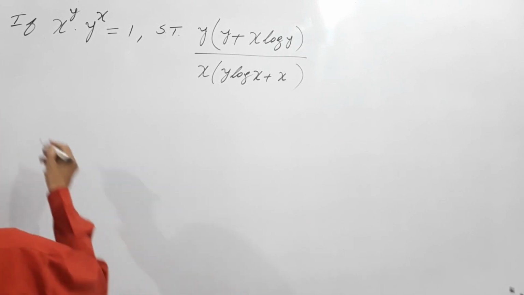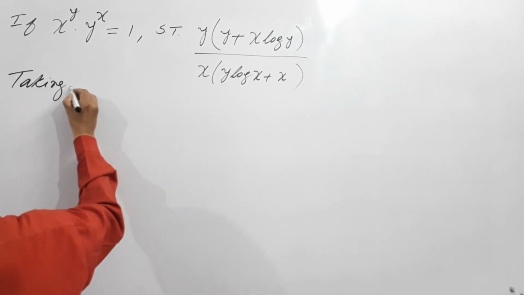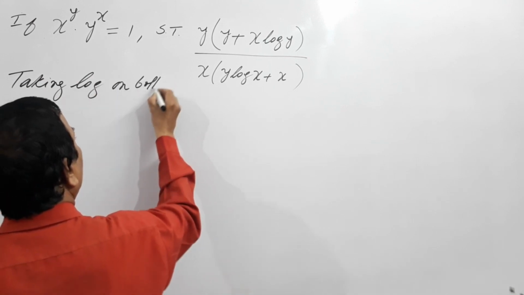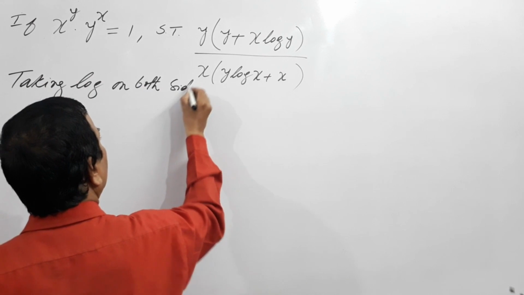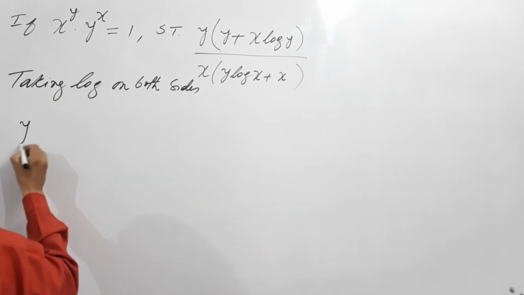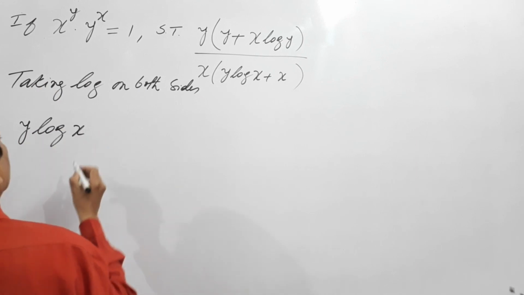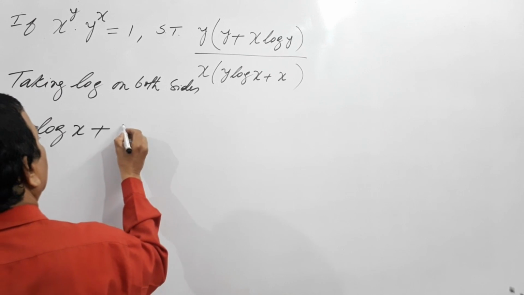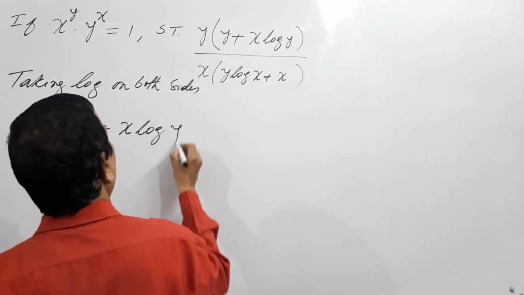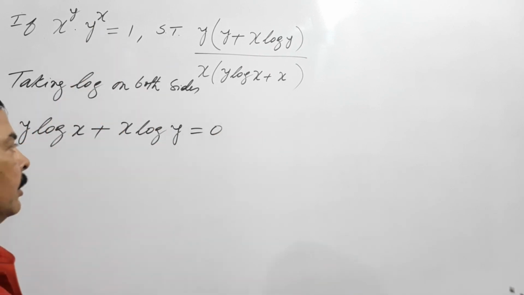So taking log on both sides, what happens here? So this becomes y log x plus x log y equals to 0. So log of this becomes 0.